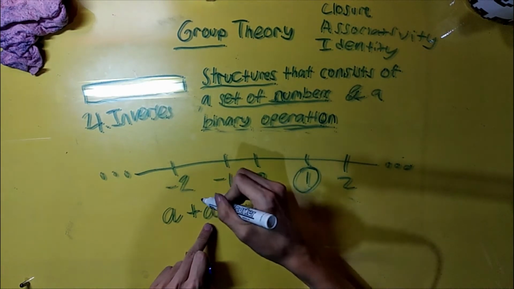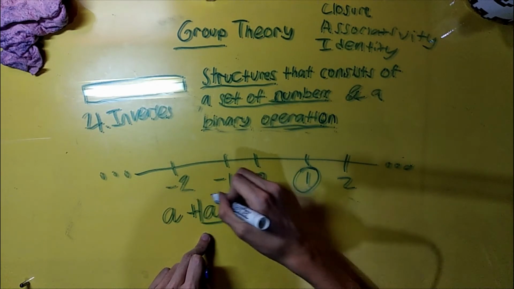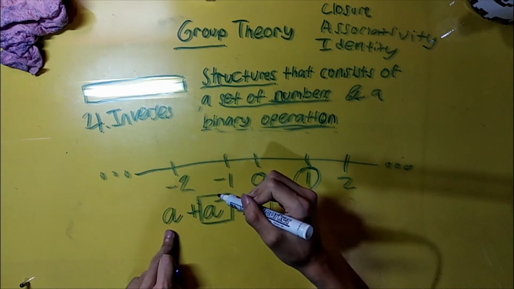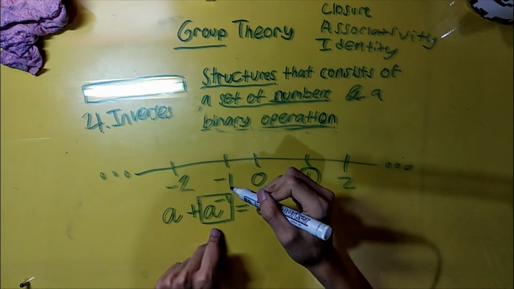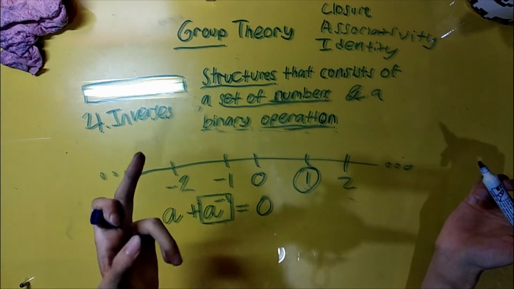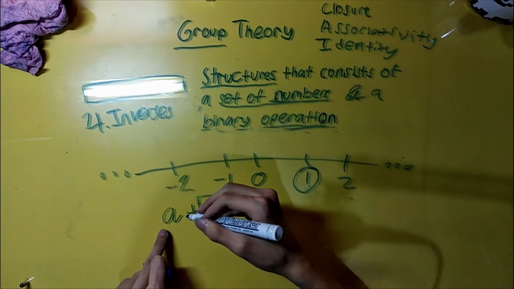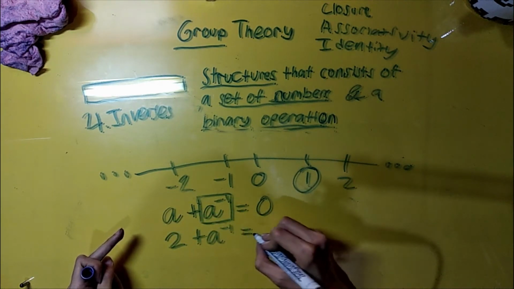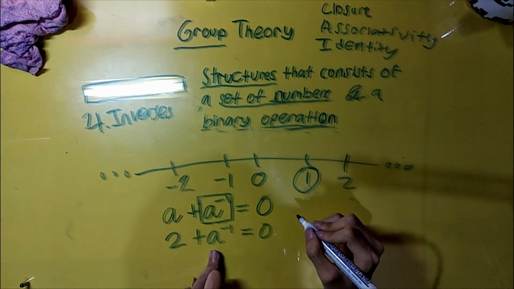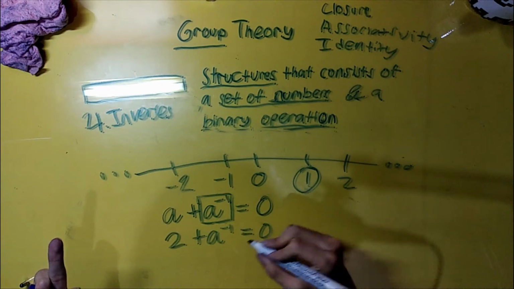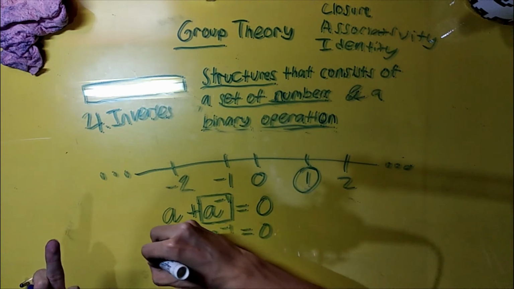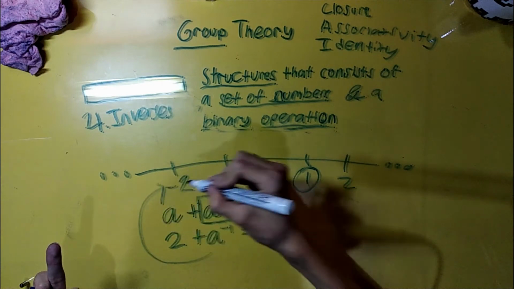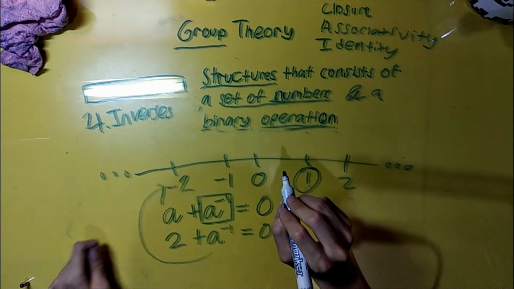So we need to figure out if this thing exists or not. If we pick a number A, does this thing exist? Well, let's use an example, okay? Let's pick the number 2. So A is 2. 2 plus A inverse is 0. Does this number exist? Well, yeah, -2.